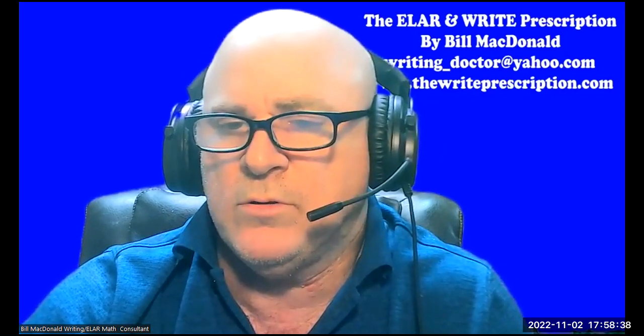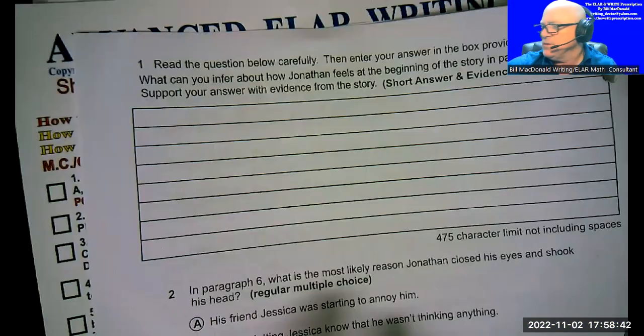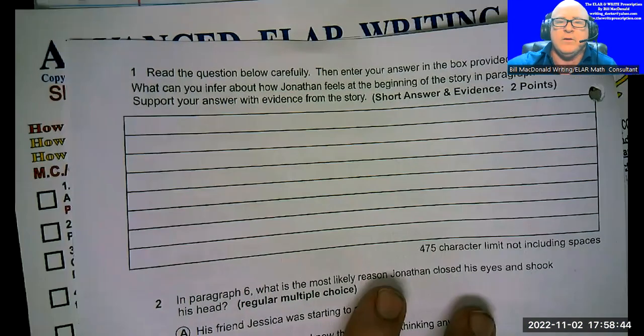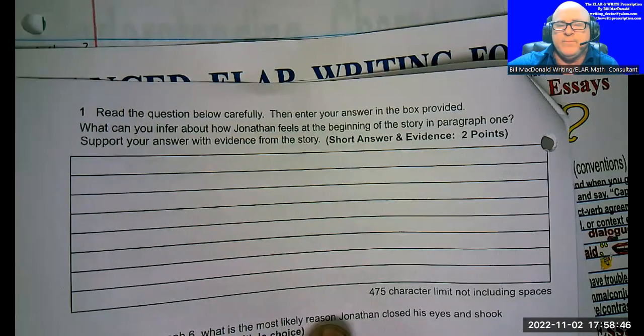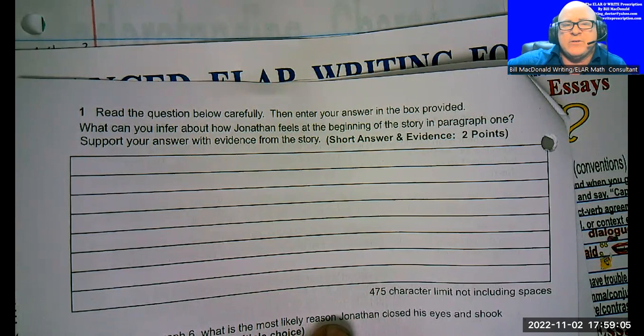by taking you to one of my passages. So here is question number one from a fictional story, and I converted many of my reading passages already to online type formats so that the teachers that I work with can test as a hard copy, or you can test online, or you can test both.